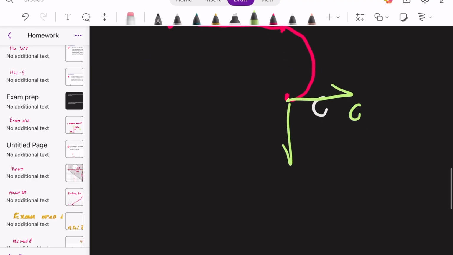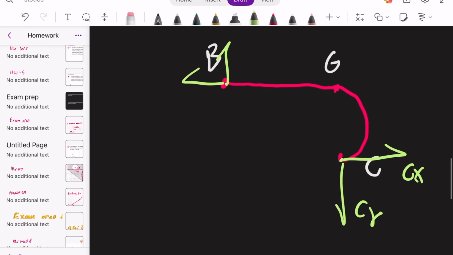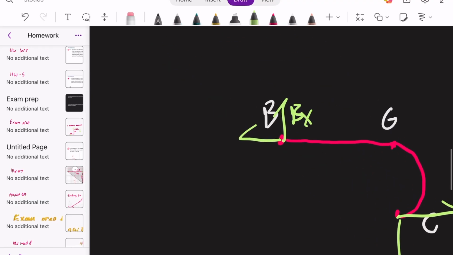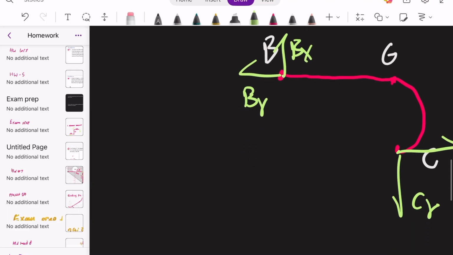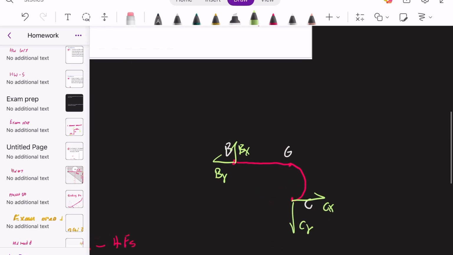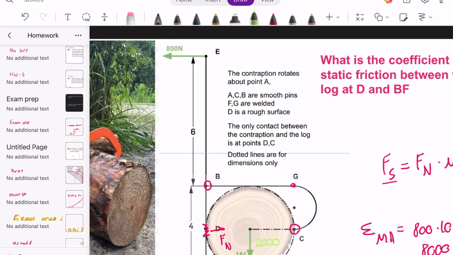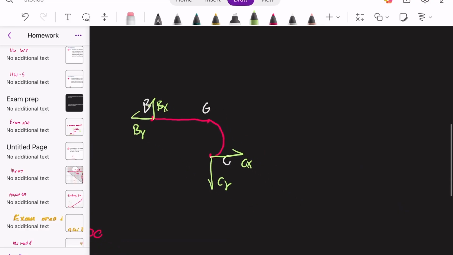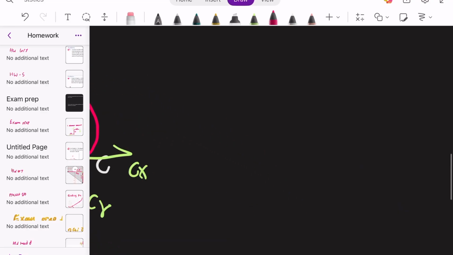Okay, we got Cx, Cy, and Bx and By. So we can find out Bx and By from this, but why would we want to do that? Let's take a look at our next member.